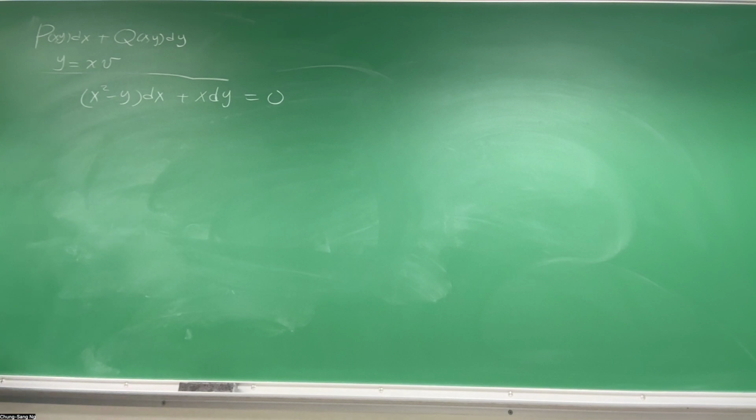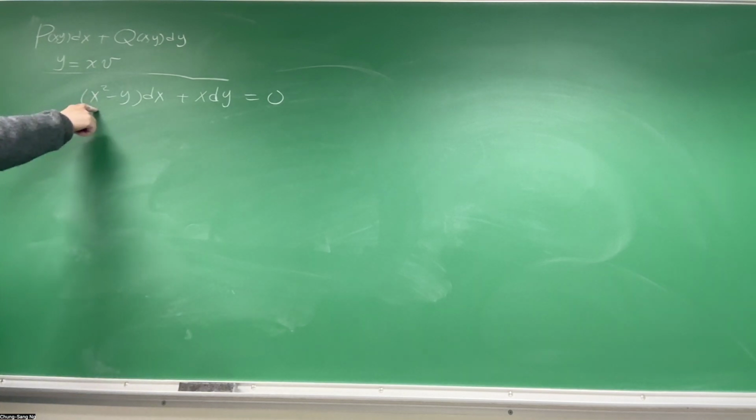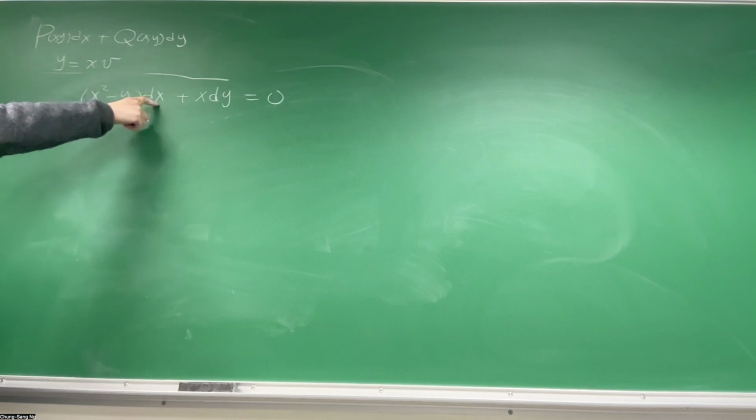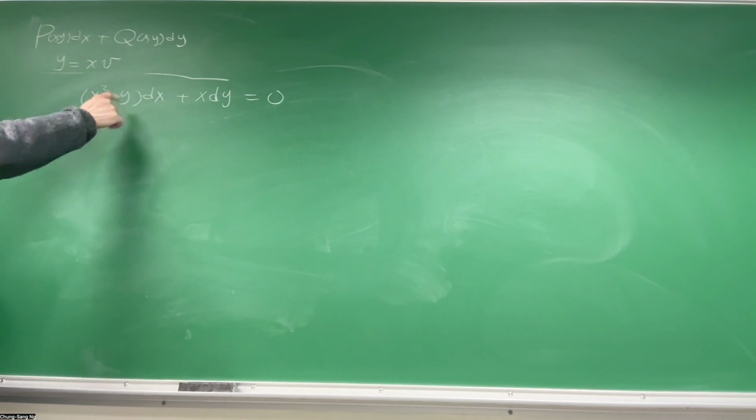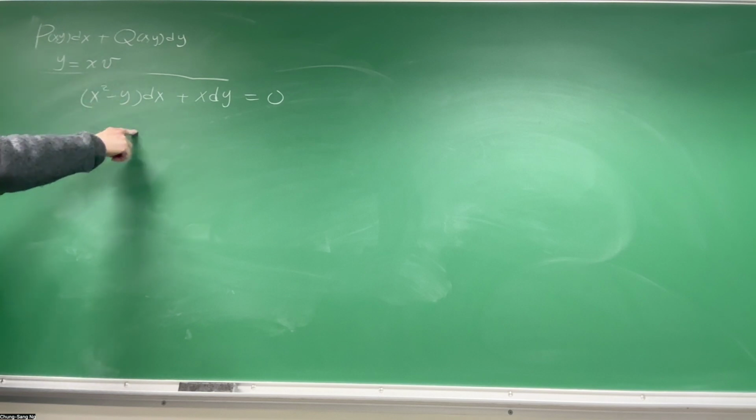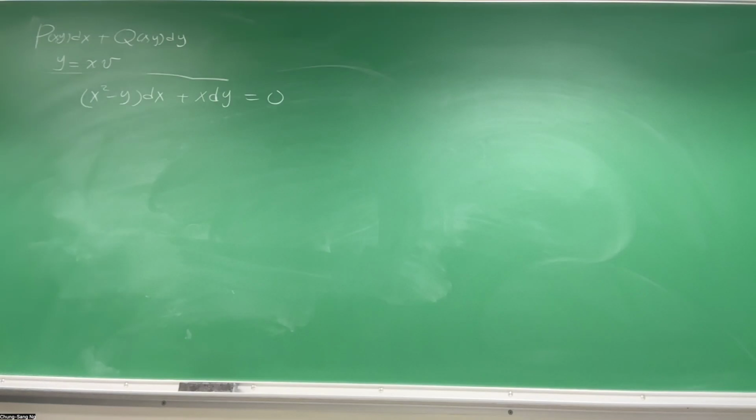But the difference here is that the powers of x and y are weighted differently. So if you weight x usually, there's a power of 2, and then dx to the power of 3 totally, and y you weight differently. You weight y by the factor m.